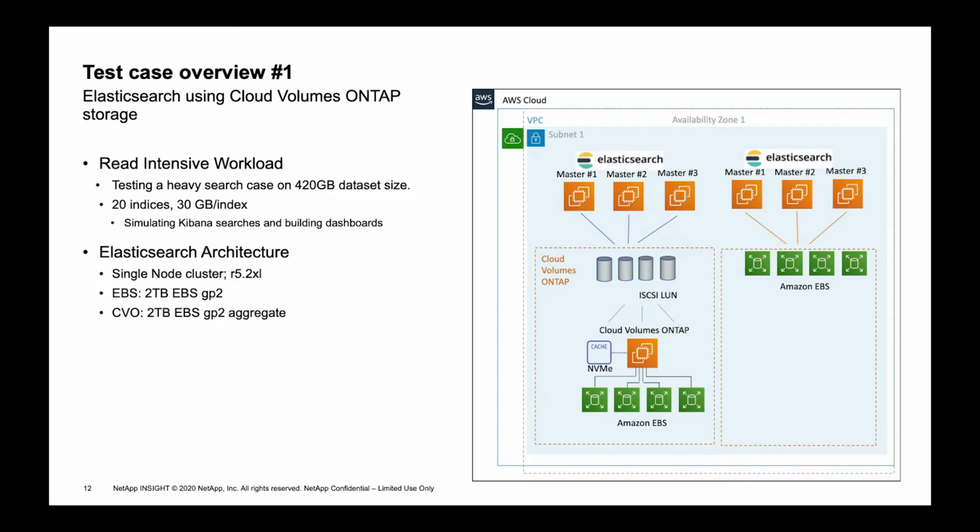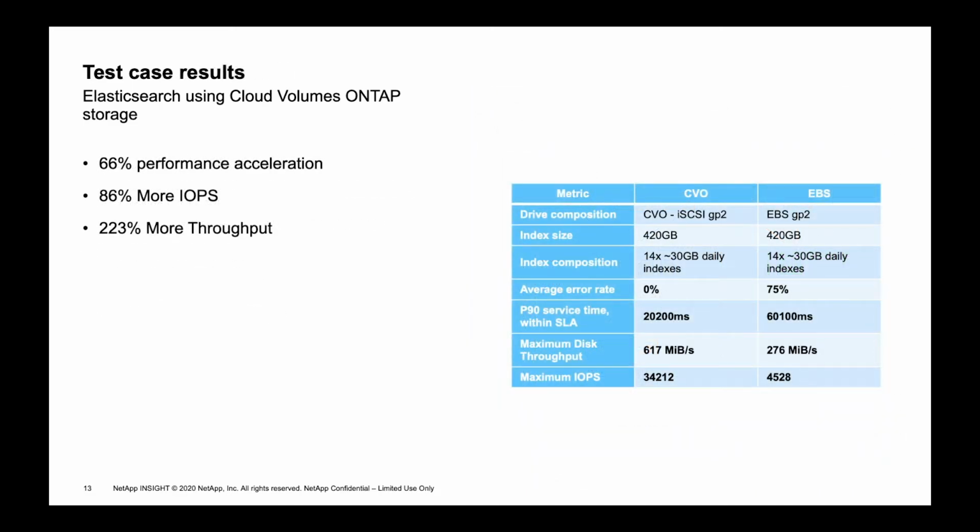The Elasticsearch architecture was a single node cluster running on an R5 2XL instance, 2 terabytes EBS GP2, and on the other hand, we had a CVO running with an iSCSI protocol with also 2 terabytes of EBS GP2 provisioned in the aggregate. Now let's see the results that we have seen after the overview.